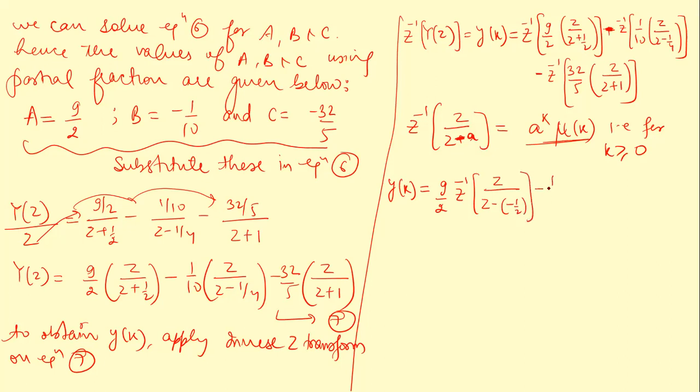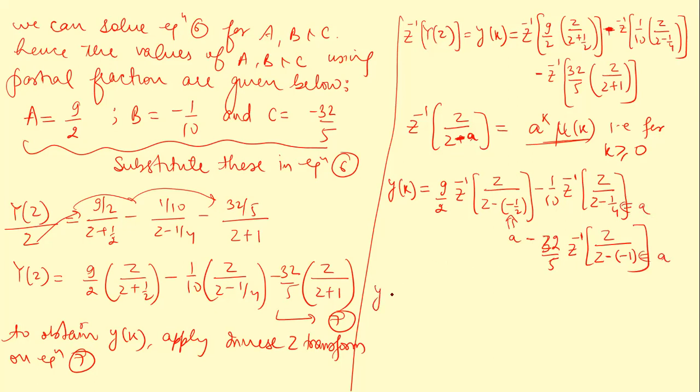Then we have minus 1 by 10 inverse z transform of z upon z minus 1 by 4. It is already negative, so we don't have to worry about this. Then we have minus 32 by 5 inverse z transform of z upon z minus minus 1, right?